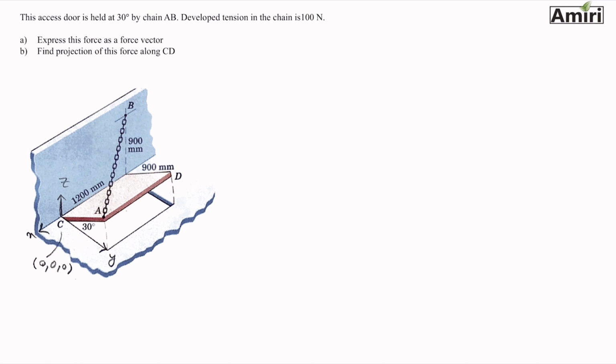So first things first, for part A, let me see what I need to do. I need to find tension AB as a vector. So what I do is use unit vector. So magnitude of AB times unit vector AB, which is position vector AB over magnitude of position vector AB.